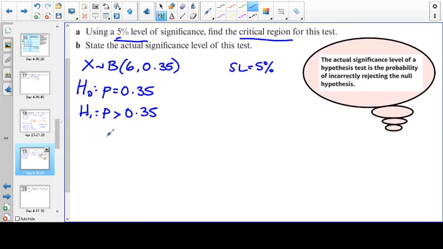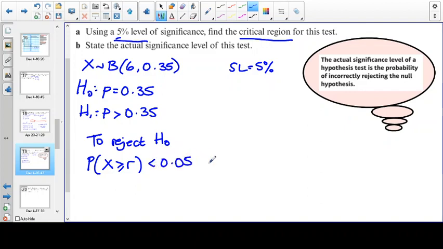So we want to reject H0. We need to find a value of R that is less than the significance level. Okay, this is going to be our critical value.